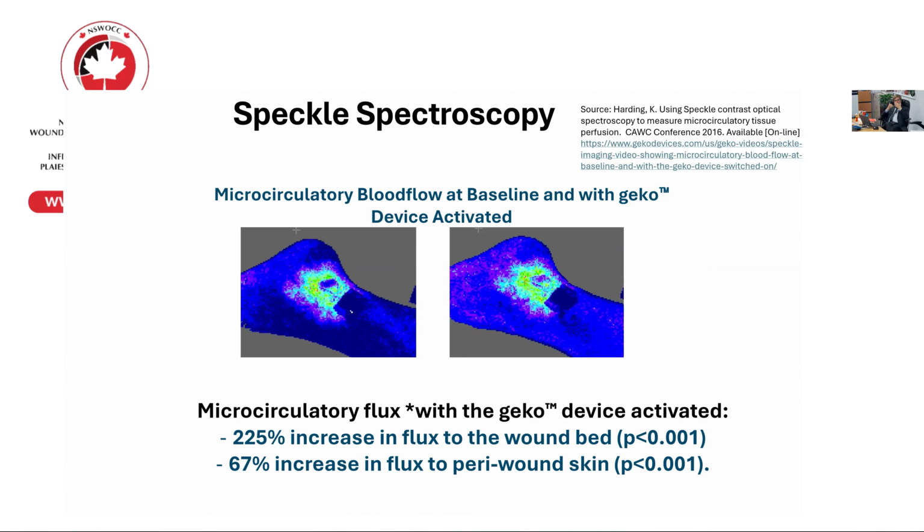Yeah, and on the other side of the coin, we know that exercise will actually help open collaterals. And it is possible that the Gecko does too. We've had some patients with borderline arterial supply that have used the Gecko for a few months, and in the vascular lab doing the tibial brachial pressure, which is not as influenced by calcification as the ankle brachial pressure, we've actually seen an improvement.